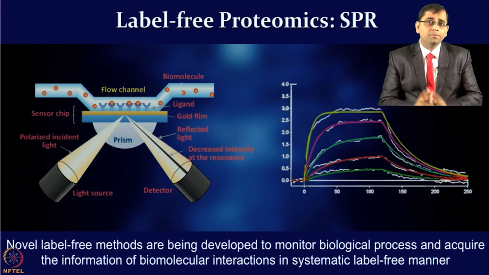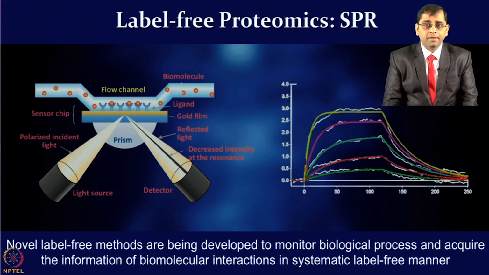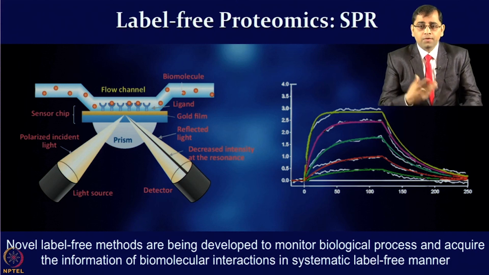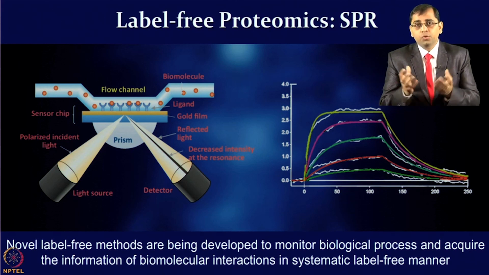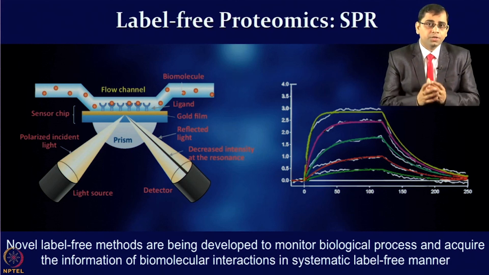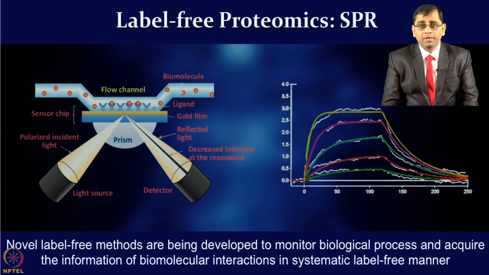So, there are many novel label free methods currently being used. Of course, I have only shown one of them, but many rely on different physical principles to measure proteins and different biomolecules without any tag associated with the molecules to be detected.